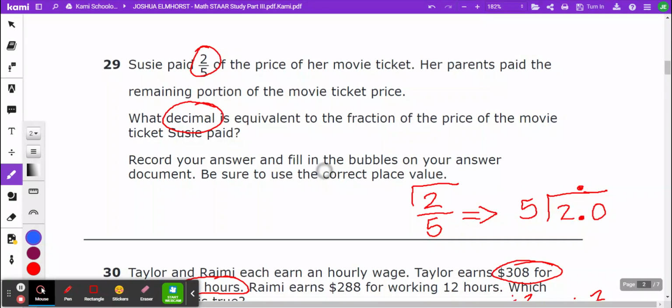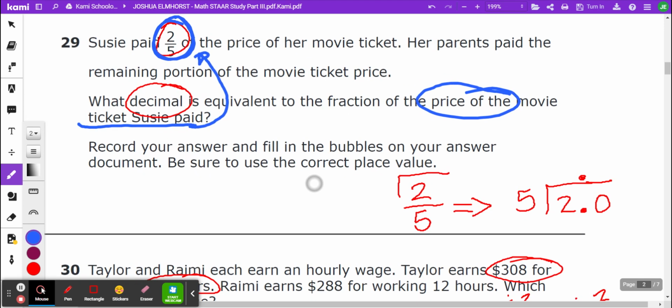Okay, Susie paid 2/5 of the price for a movie ticket. Her parents paid the remaining portion. What decimal is equivalent to the price that Susie paid? So the price was 2/5. Okay, so changing that to a decimal, the top of the fraction goes inside division. So on a calculator, it would be 2 divided by 5.